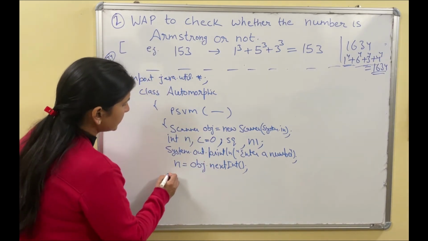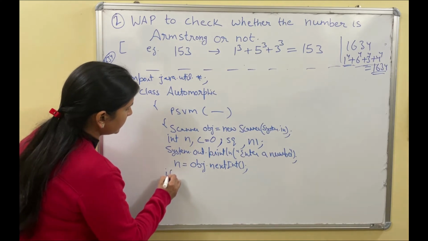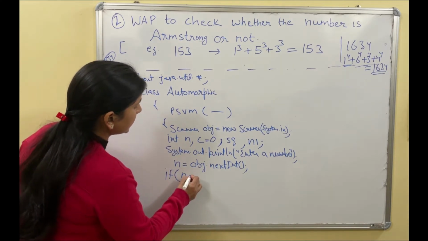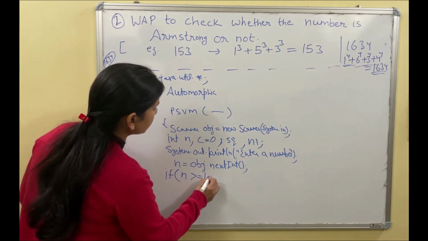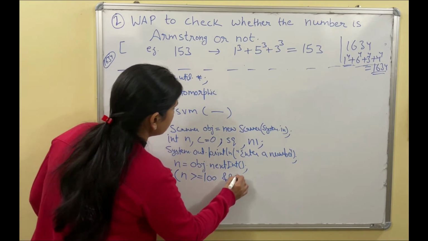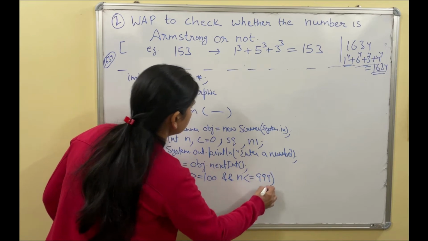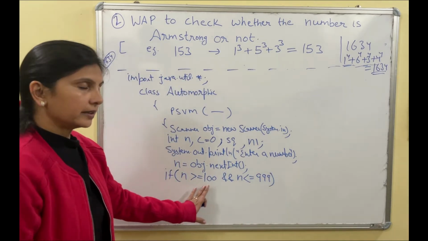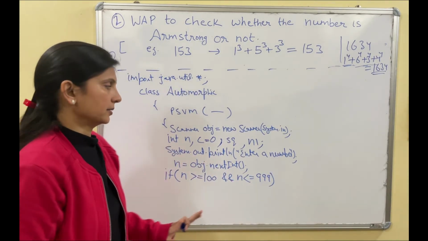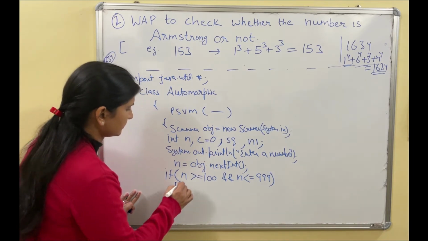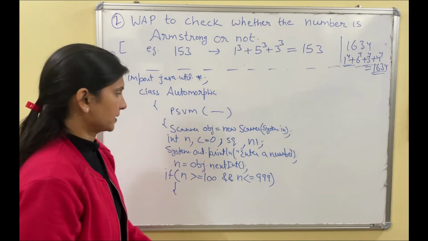So we will apply here a check: if n greater than or equal to 100 and n less than or equal to 999. So what does it mean? That if the number is a 3-digit number, then bracket start, then the same thing.